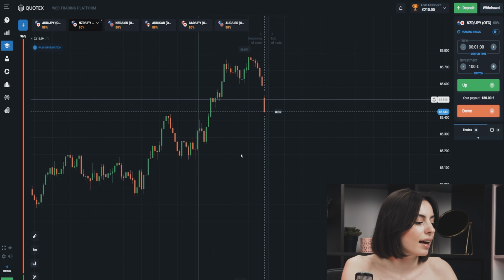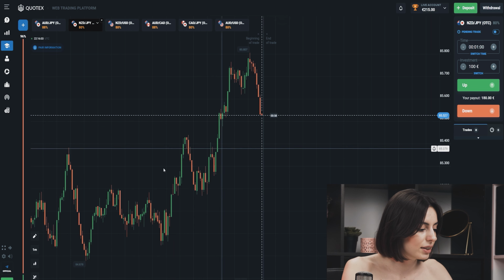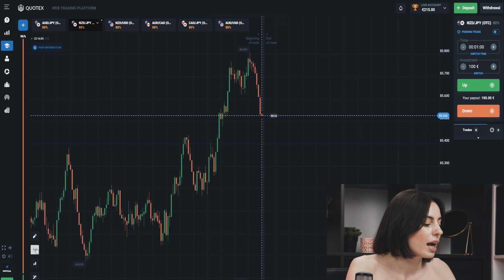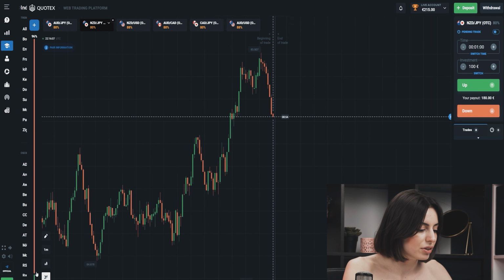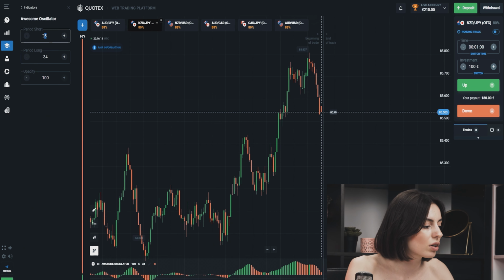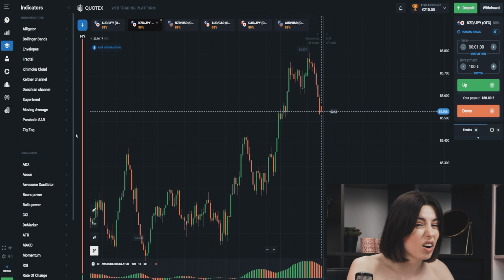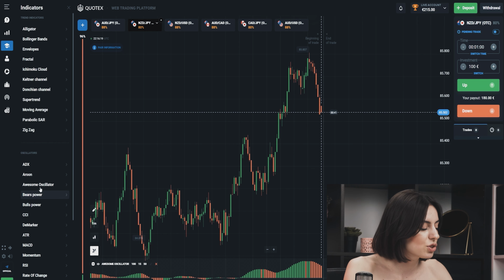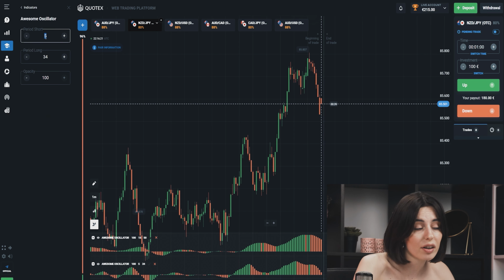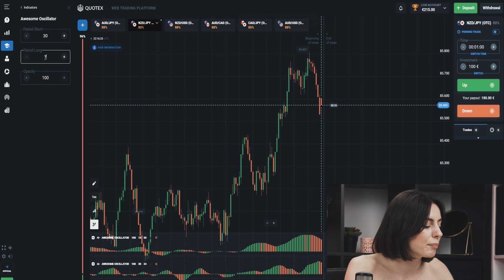So we are just getting back on track, and we are starting with setting all indicators up as always. And here are the candles, the period of the candles. We took 1 minute today. The first one is gonna be the awesome oscillator, and I'm just changing periods here. And the second one is gonna be the awesome oscillator again, because they work fine together, but we need to add different periods for them.